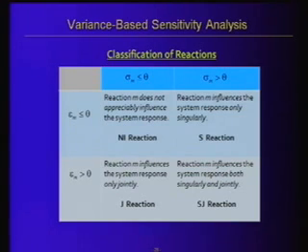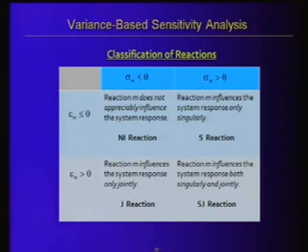If the sigma is above the threshold but the epsilon is negligible, the reaction influences the system response, but only singularly. So I call it an S reaction, influential singularly. If the sigma is less than the threshold and the epsilon is above the threshold, then the reaction influences the system response jointly. So I call it a J reaction. And in the remaining case, it influences both singularly and jointly.